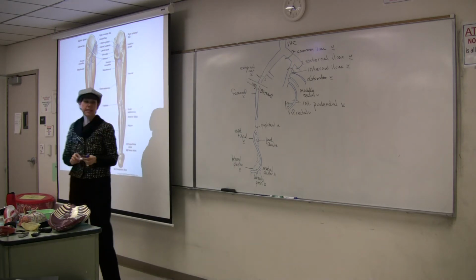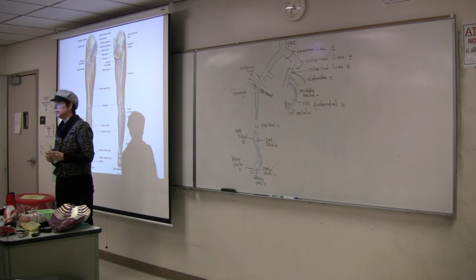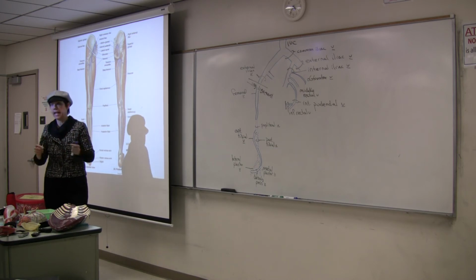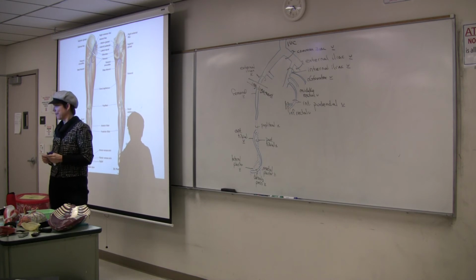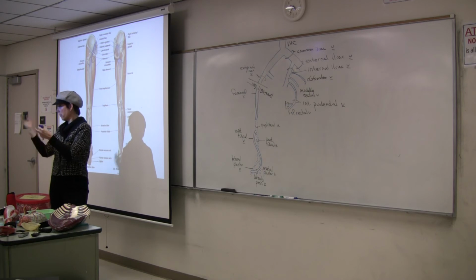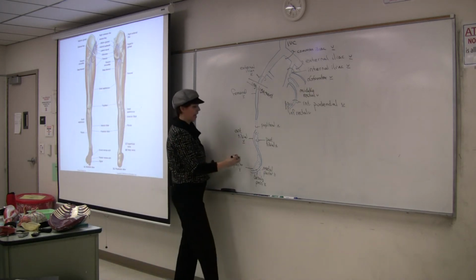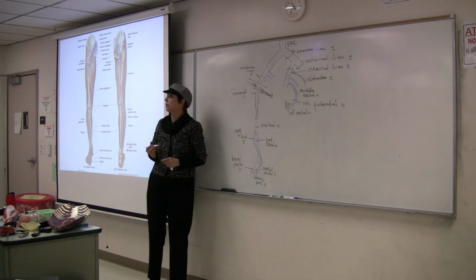Okay? I'm missing one vein, one deep vein, and that is in the lateral compartment. What do we call the vein from the lateral compartment? Not saphenous, this is a deep vein. Fibular. So we have a fibular artery, so we have a fibular vein. So I'm going to draw that in a dotted line. What vein does it drain into?